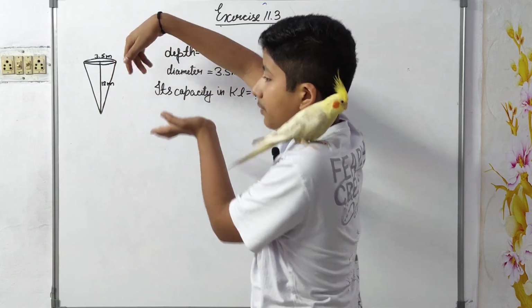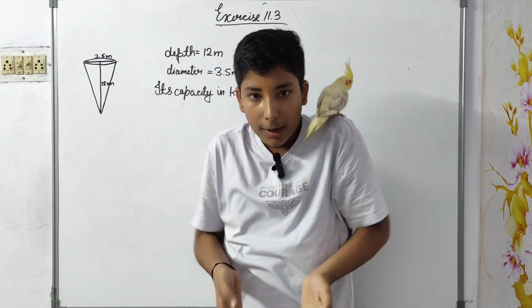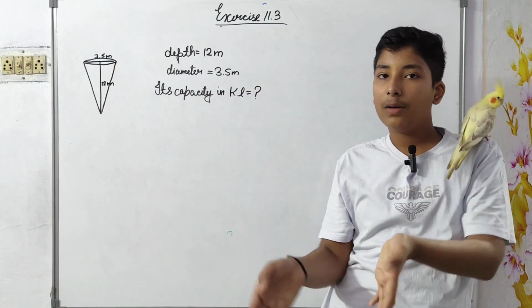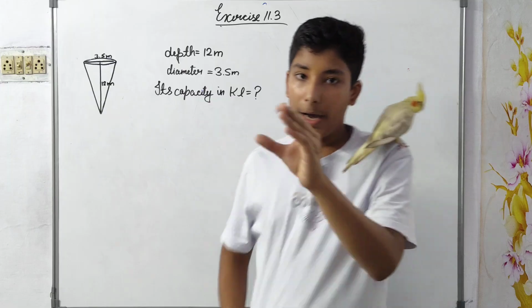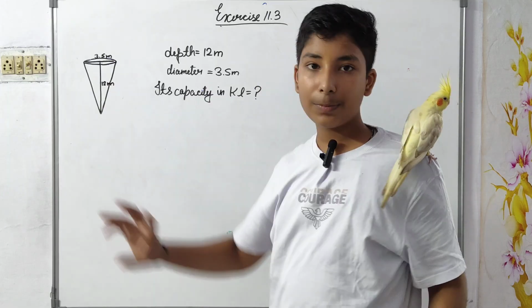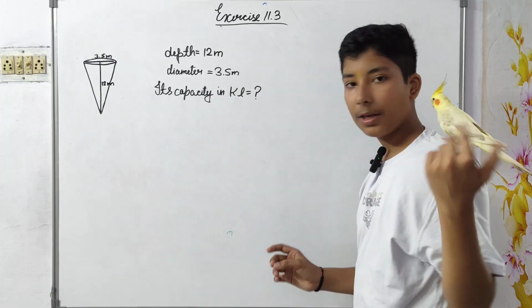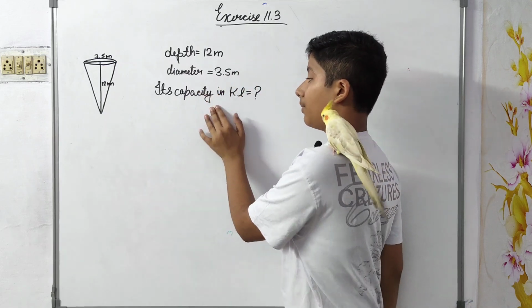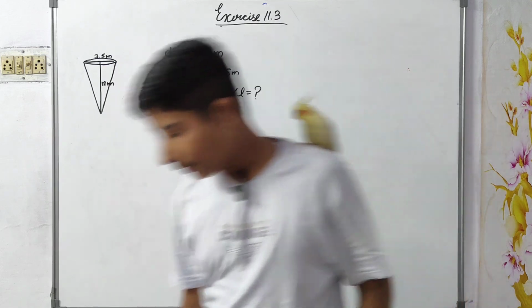If you take it as a 3D version and flip it upwards, it would be the height, so height and depth are the same thing in this question. And we have to tell what will be its capacity in kiloliters.